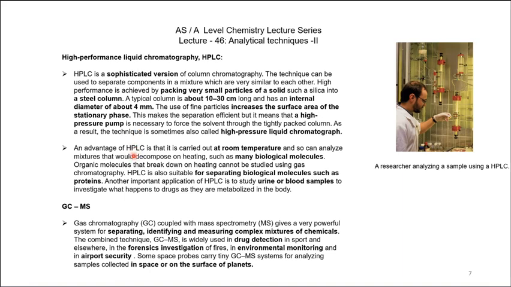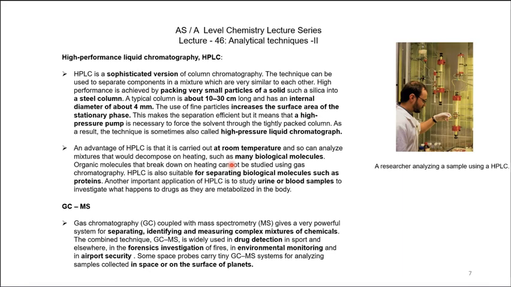An advantage of high pressure liquid chromatography, or HPLC, is that the experiment is done at room temperature. So for biological samples, it is a very good technique, because at high temperature biological samples decompose, and therefore we cannot do gas chromatography at high temperature.